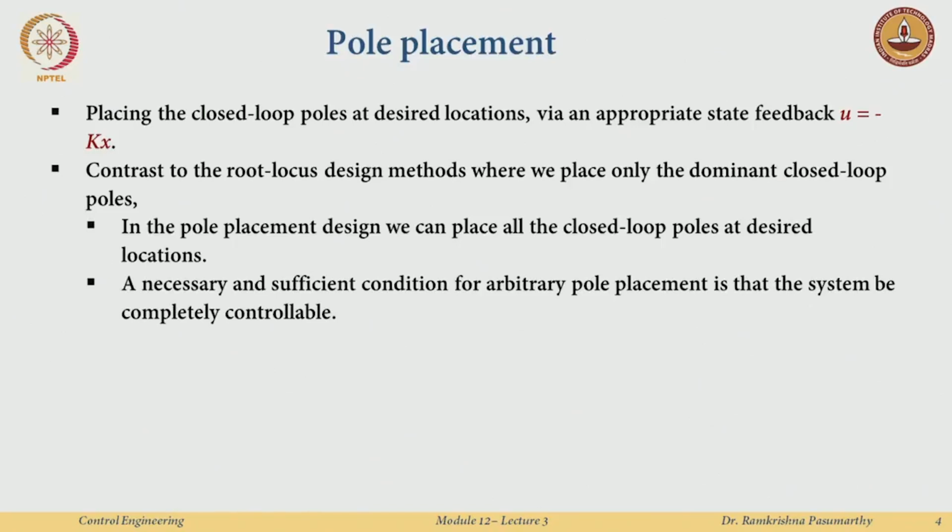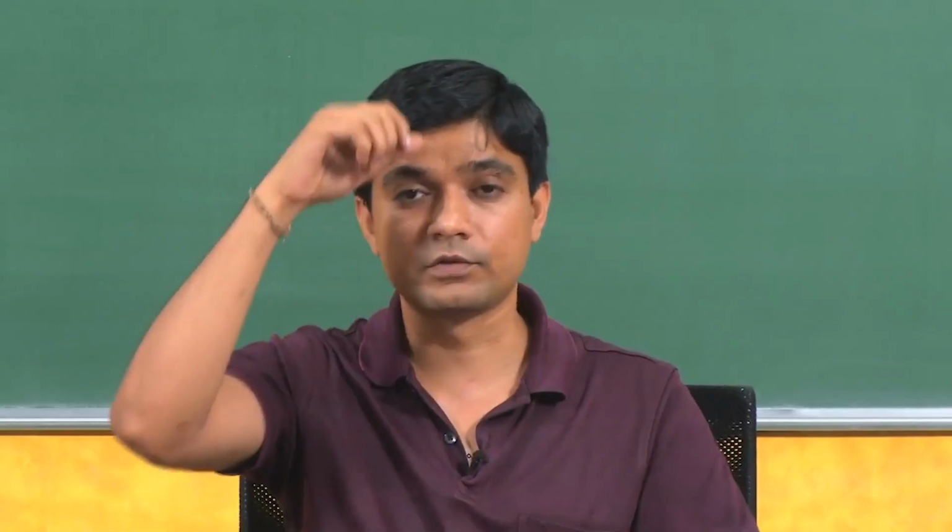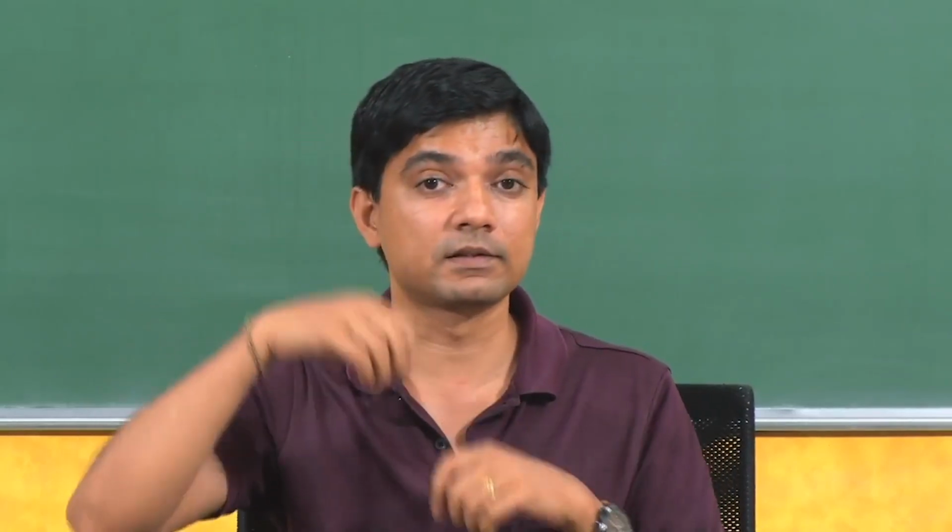So while we were doing the root locus analysis, what we were essentially doing is, does the root locus pass through the desired pole locations, the desired dominant pole locations? That was what we were interested in, right? And then we said, well, we design a lead compensator, a lag compensator, and pull or push the root locus such that the root locus of the compensated system passes through the desired closed loop locations.